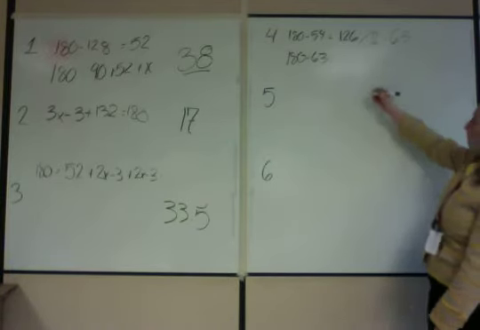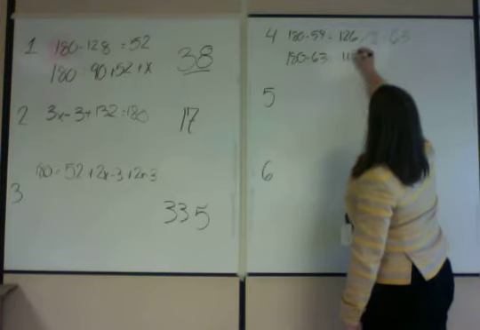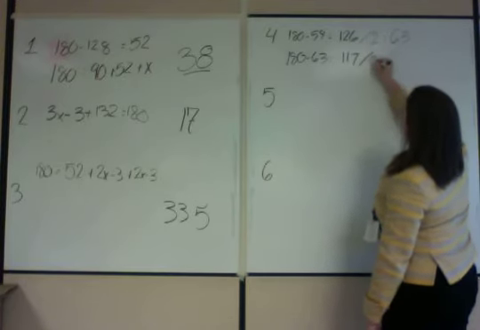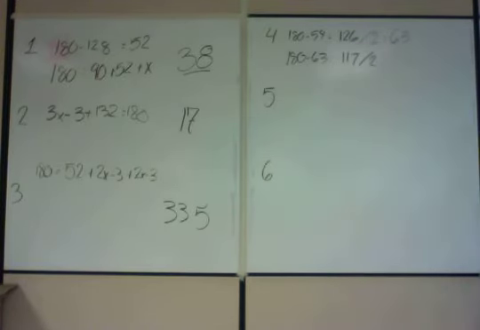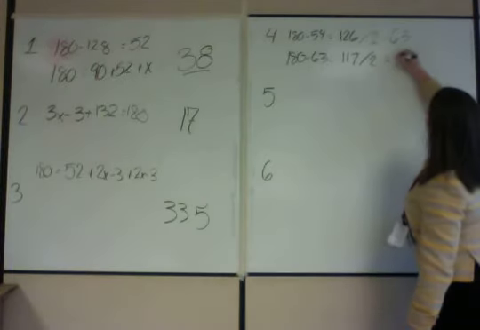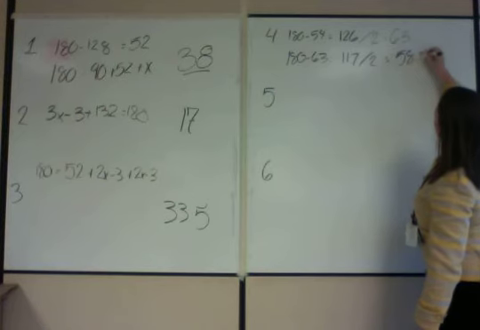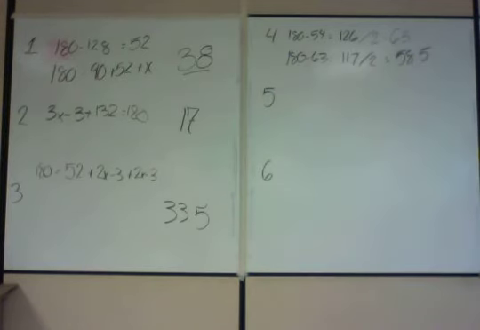And that's going to give me 117. You divide that by 2 for the same reason. We have two of the same angles that are making up that 117. So 117 divided by 2 is going to give us 58.5 degrees.